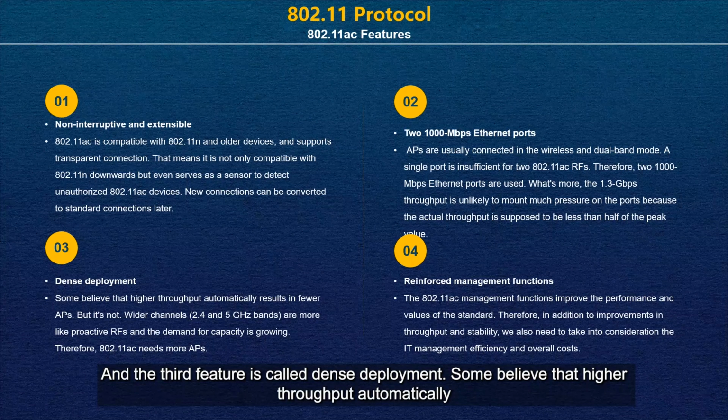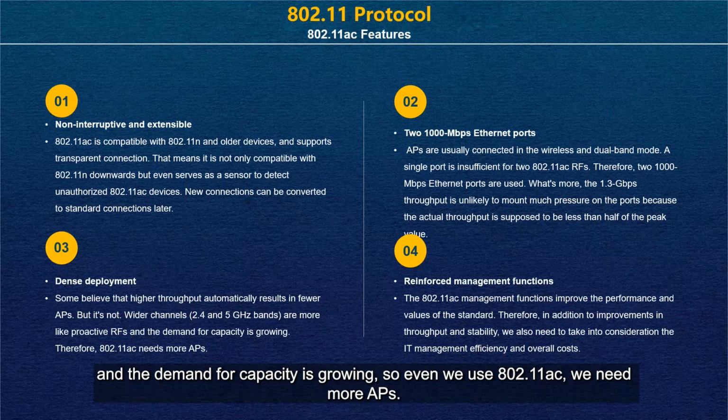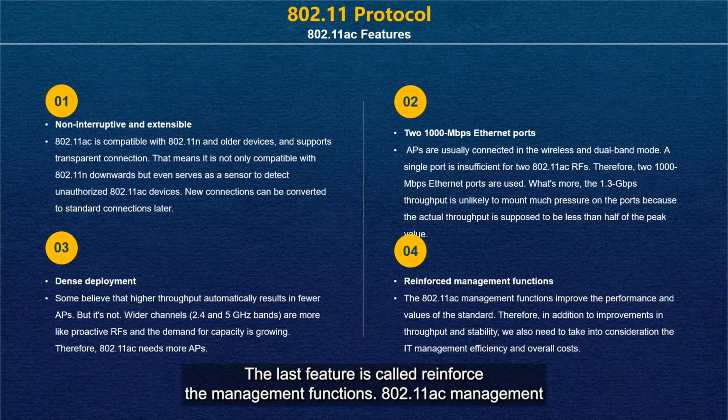And the third feature is called dense deployment. Some believe that higher throughput automatically results in fewer APs, but actually it's not. Wider channels are more like proactive RFs, and the demand for capacity is growing, so even if we use .11ac, we need more APs. Okay.